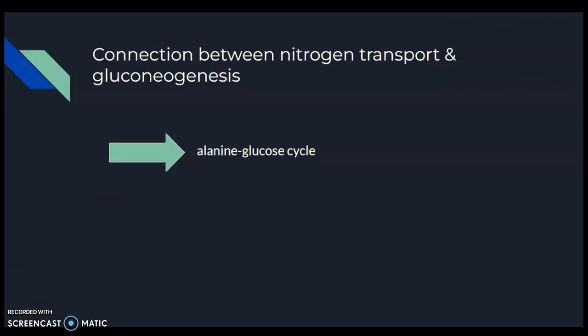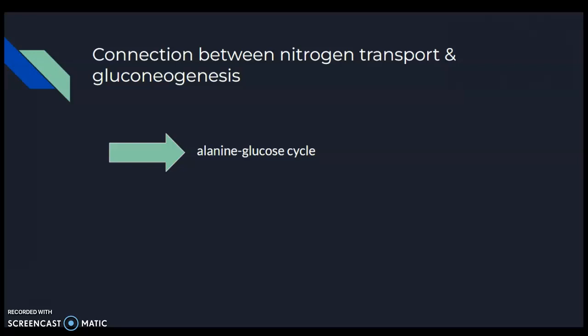The question asks us to discuss the connection between nitrogen transport and gluconeogenesis. Nitrogen transport is connected to gluconeogenesis in the fasting state because the glucose used in the skeletal muscle was used to form the pyruvate to attach the ammonium that formed alanine.